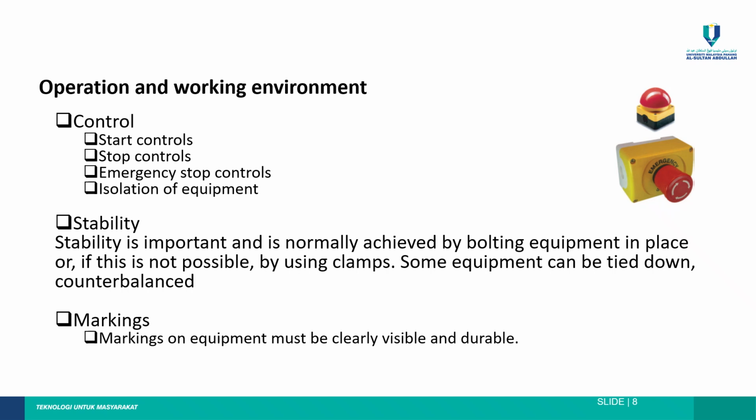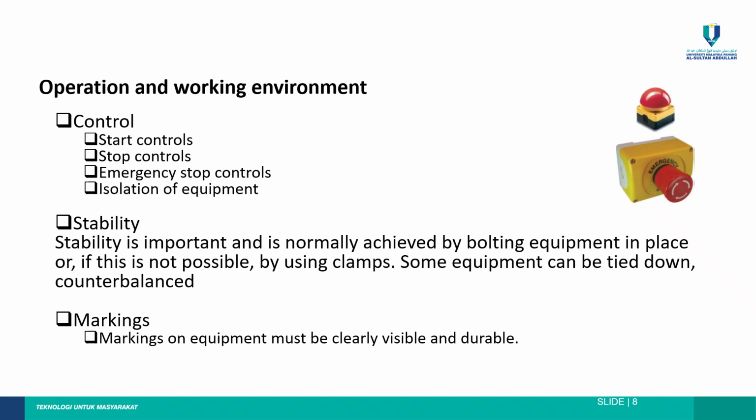So in case of an emergency, instead of relying on the off button, you should have an emergency stop button that you can push immediately so that it stops immediately. It is crucial, for example, if it is rotating equipment, shearing equipment, or cutting equipment. Instead of trying to find the off button, you should have a prominent emergency stop button that you can push immediately if you find any hazard related to it.